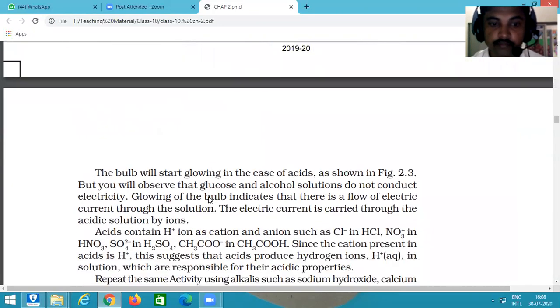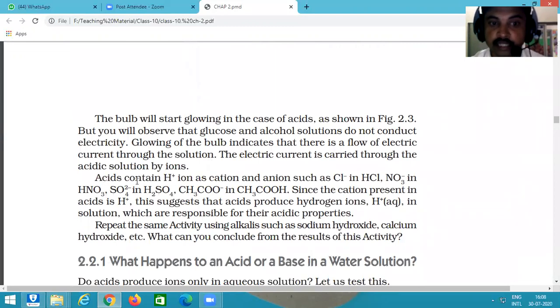Acids contain positive ions. All acids have H positive ions as the cation, and they have anions such as Cl negative in HCl, NO3 negative in HNO3 acid, SO4 2 negative ion in H2SO4, sulfuric acid, and CH3COO negative ion in carboxylic acid, CH3COOH.